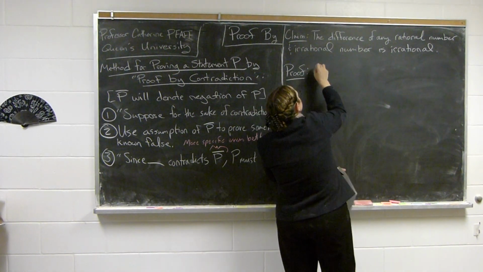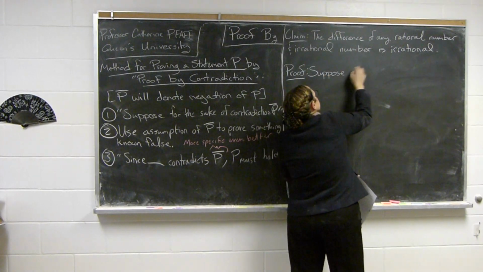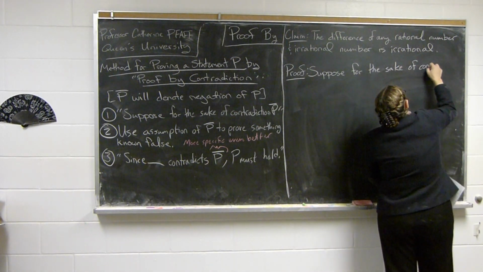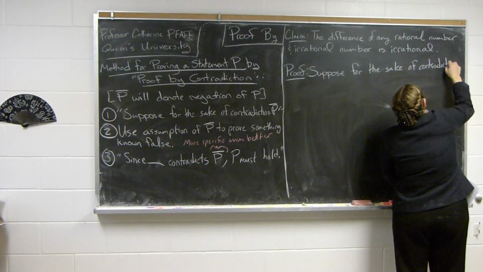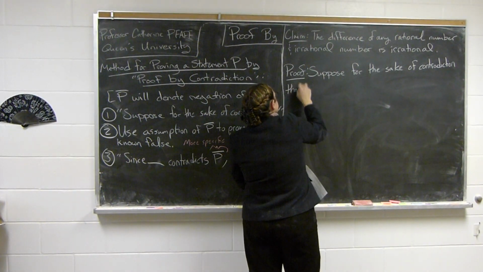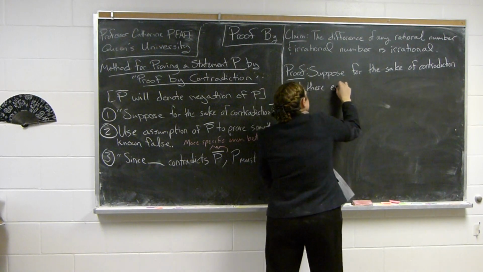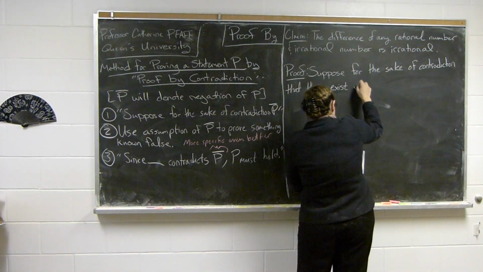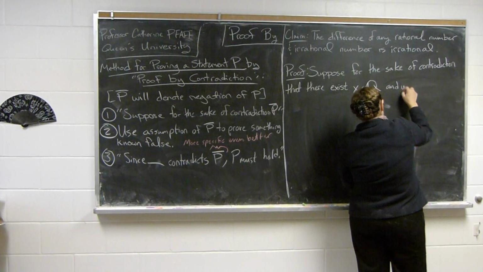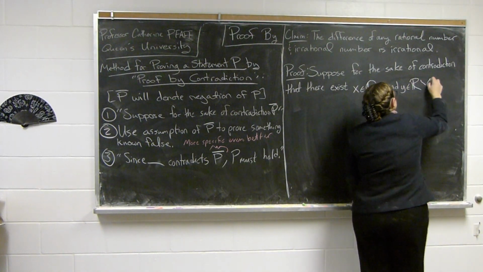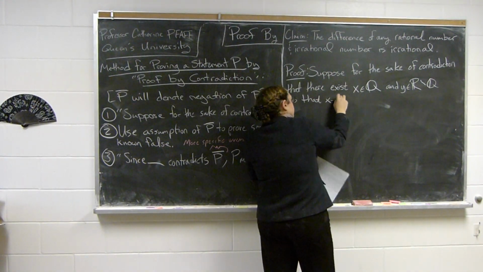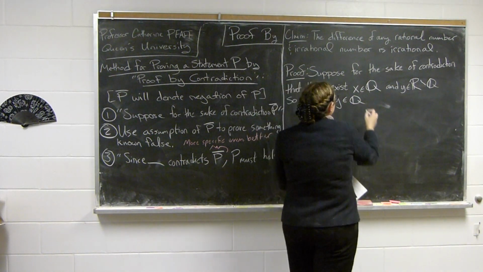Suppose, for the sake of contradiction, that there exists a rational number and an irrational number, so that now we want to take their difference and get something rational. Okay?